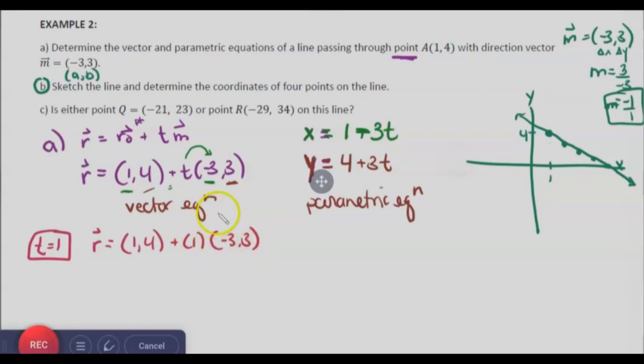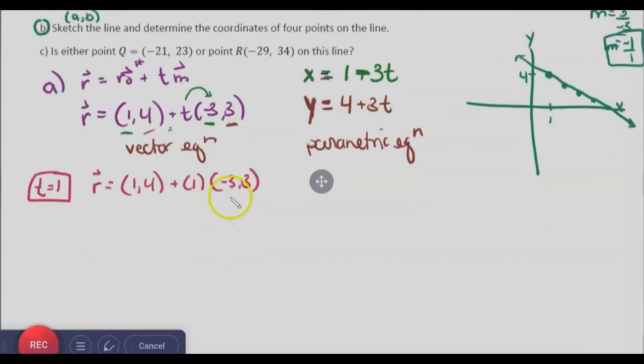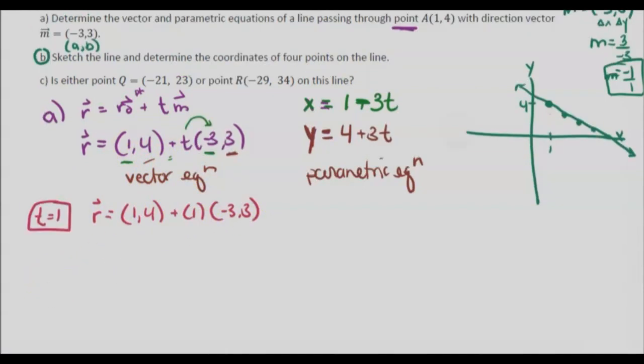So here's the tricky part. If we choose to complete the calculations in the vector equation, then we have to take this t and multiply it by both the a and the b. Essentially, we have to break it down into parametric equations, and it's going to have to happen in our heads. So this is one way of doing it.